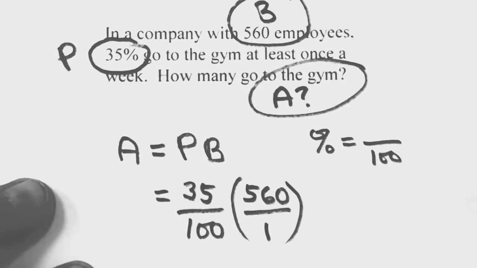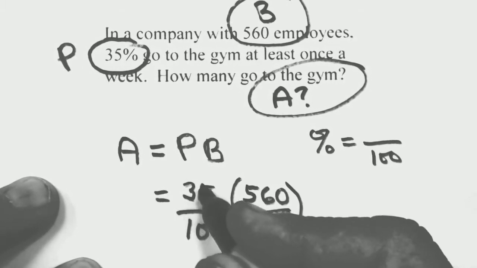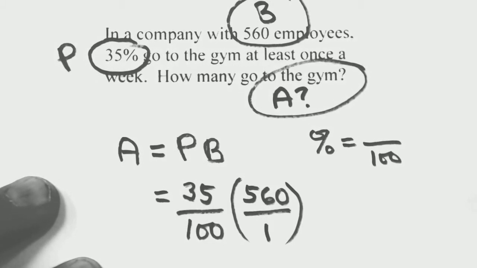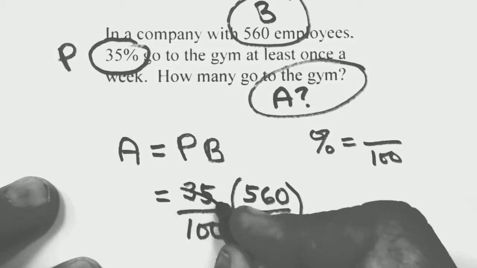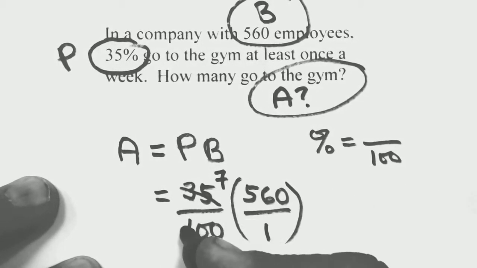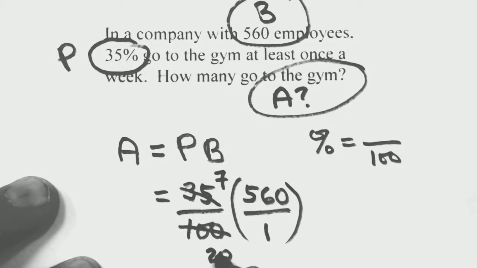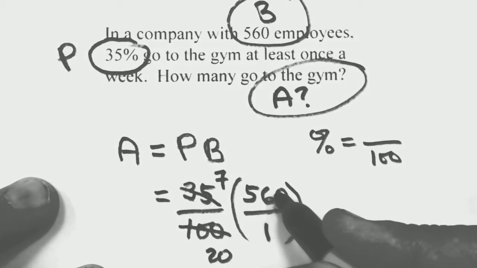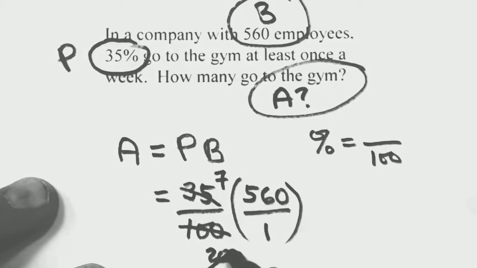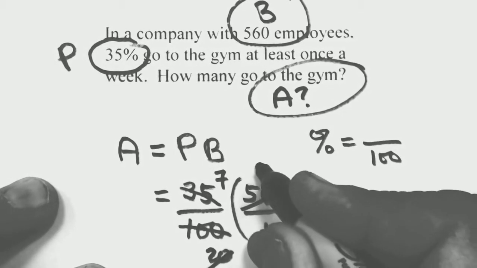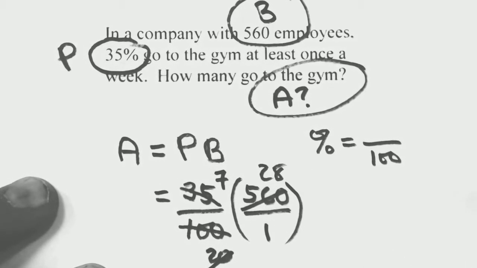Let's do some reducing. Well, the first thing, I can reduce 5 into both top and bottom here, can I? 5 goes into 35 7 times, and 5 goes into 100 20 times. Now, look at this. The 20 will reduce into 560. 20 goes once here, and it goes 28 times into 560.